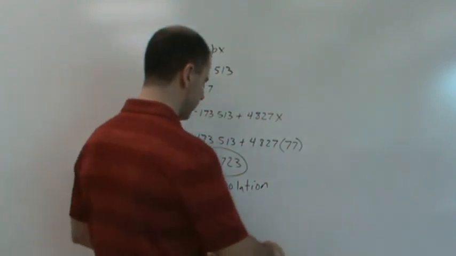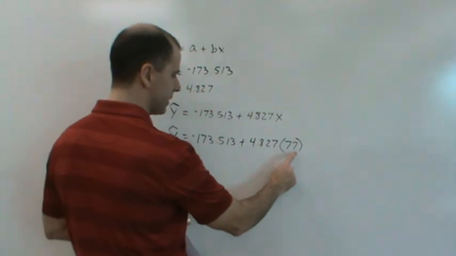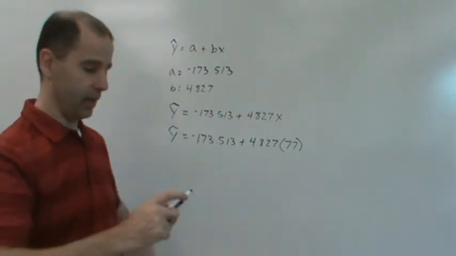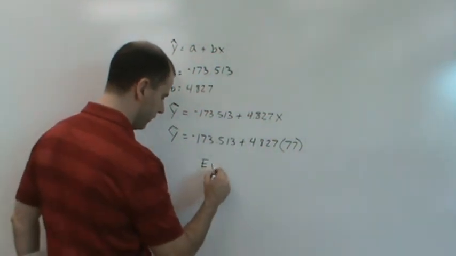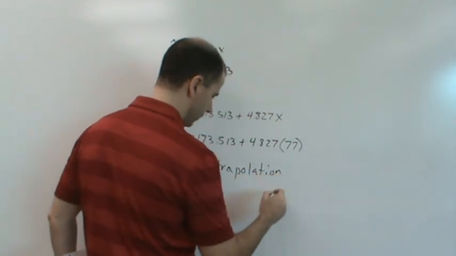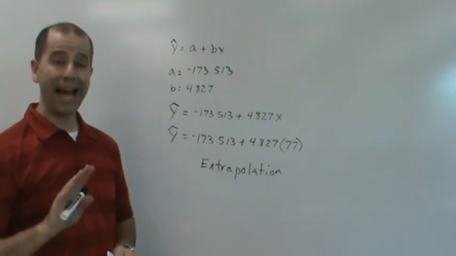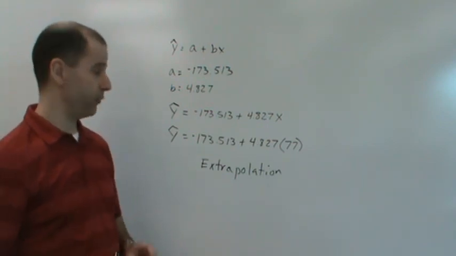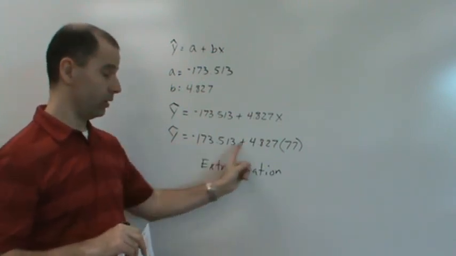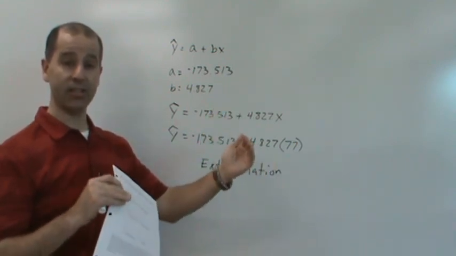Since 77 is outside the range of the x values, that kind of prediction is called extrapolation. When it comes to extrapolation, our results are not going to be as reliable as with interpolation. Why? Because our regression equation was based on that certain data set.